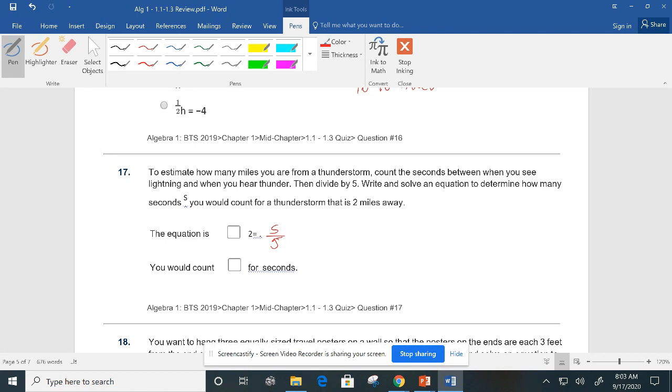Now, in order to solve this, we've got division. Multiply both sides by 5, and we would get 10 seconds, okay? So you would count 10 seconds between when you see the lightning and hear the thunder for a thunderstorm that is 2 miles away.